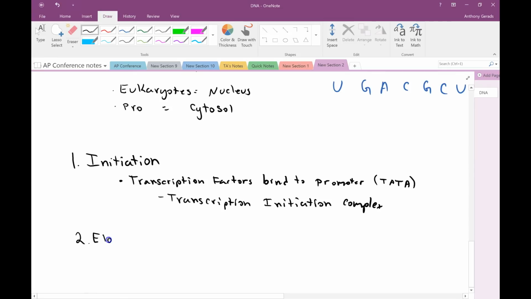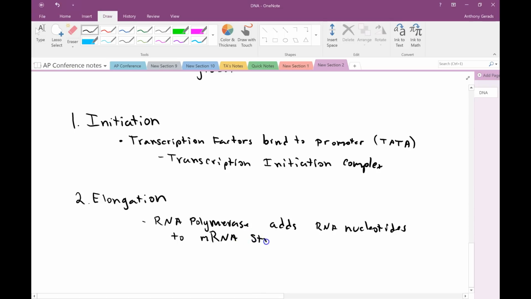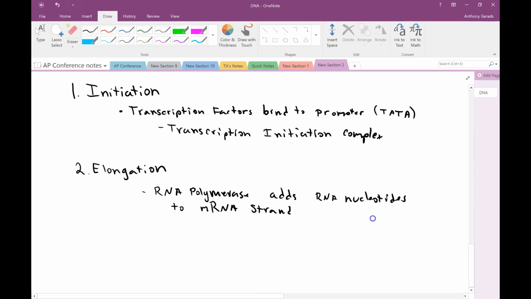Okay, and now for step 2, elongation. During elongation, RNA polymerase adds RNA nucleotides to the growing RNA, or to the mRNA strand. You know what the last step is?